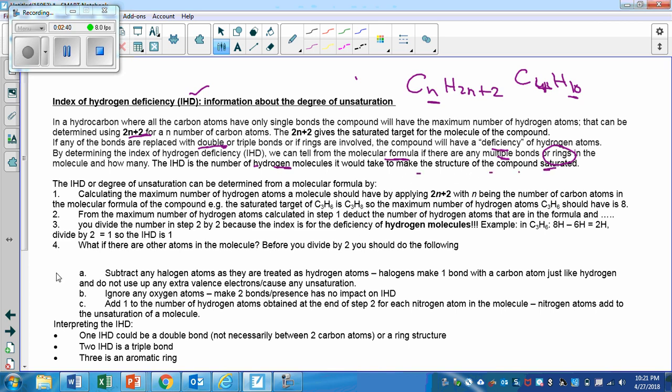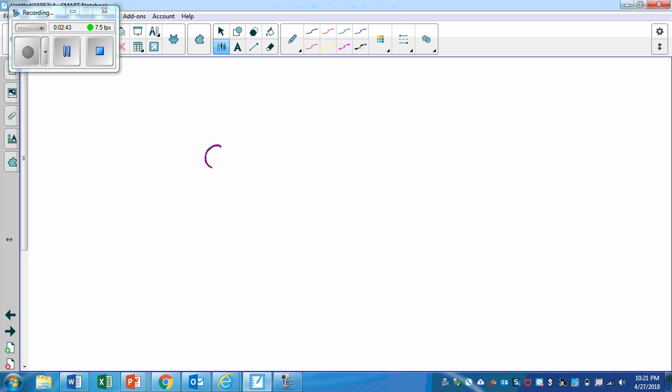So basically the concept is this: for 4 carbon atoms to have a saturated structure, it needs to have 1, 2, 3, 4, 5, 6, 7, 8, 9, and 10 hydrogen atoms. So any fewer than that, for example, I have 8.